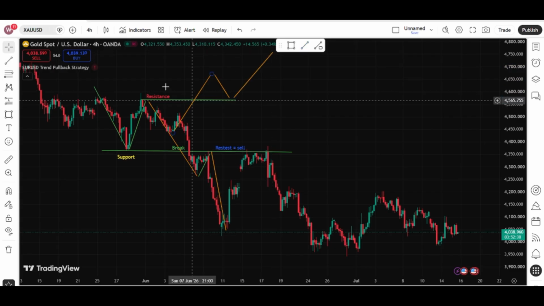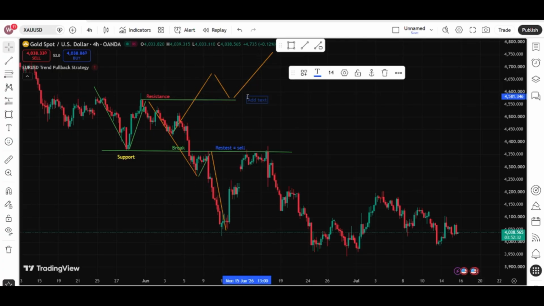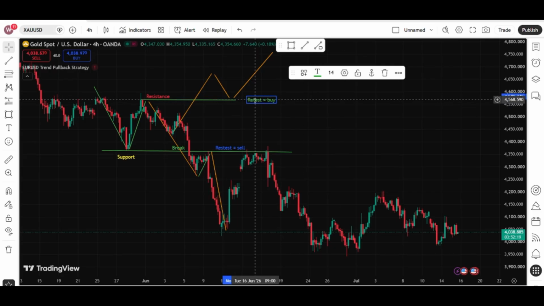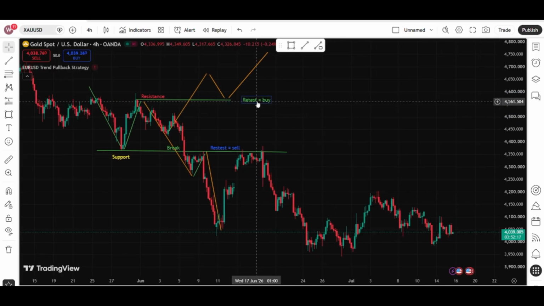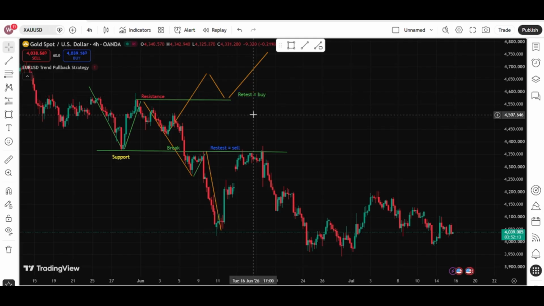So if this happened, this means our retest here would have been equal to buy. Here, our retest could have been equal to a buy, but in this case, our retest is equal to a sell.